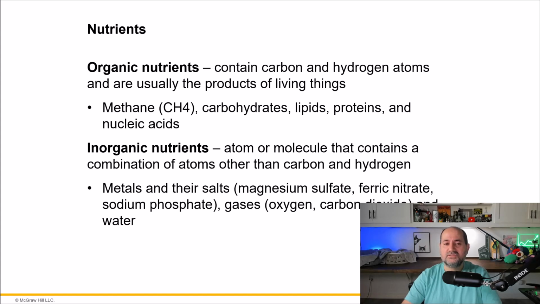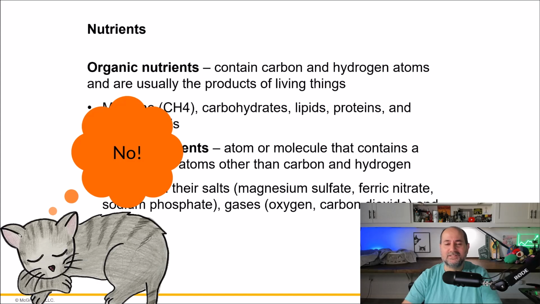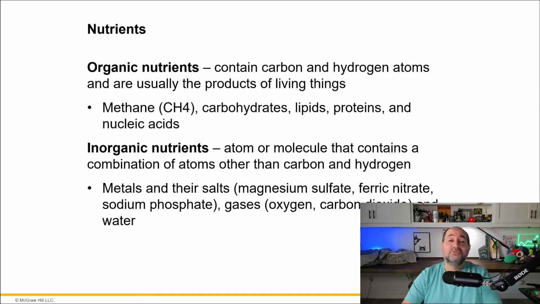Carbon dioxide, CO2. That's right. So no, CO2 is not an organic molecule, right? Because there is no hydrogen in there. So even though it has a carbon, it's not an organic molecule.